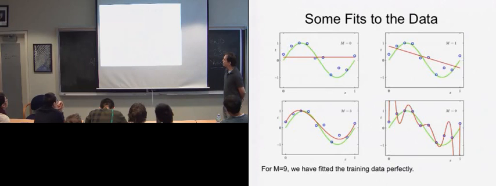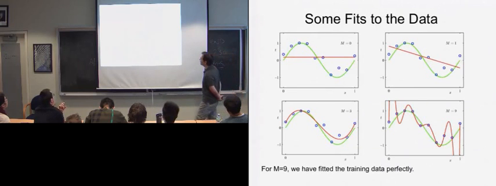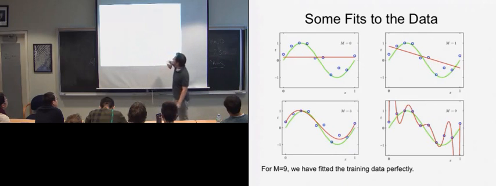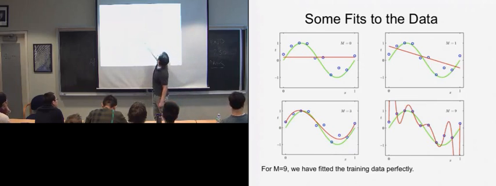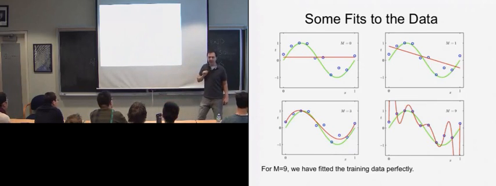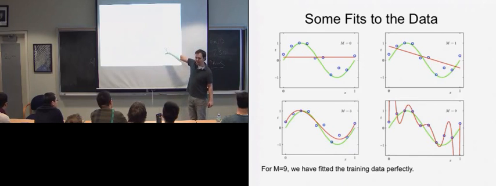So this is something that we can compute, and let's look at how it fits the data. Just to remind you, in the last class we looked at the sine curve here, and here's what happens if we fit a 0-degree, 1-degree, 3-degree, and 9-degree polynomial. Remember, the 9-degree polynomial perfectly explained the data.